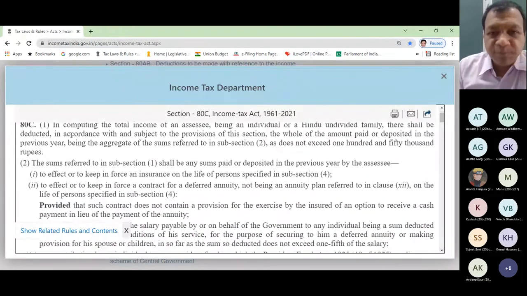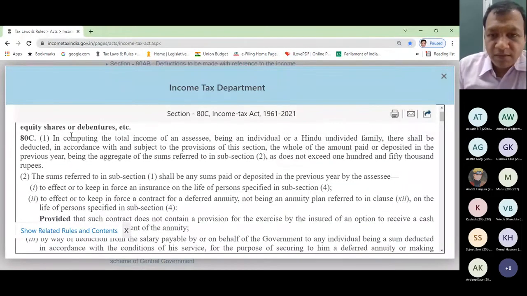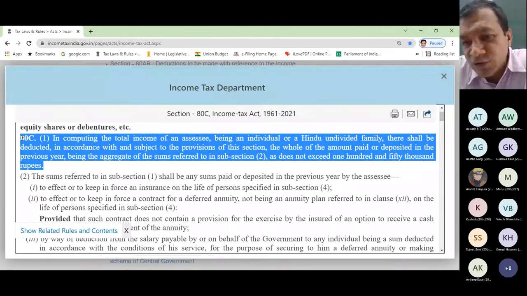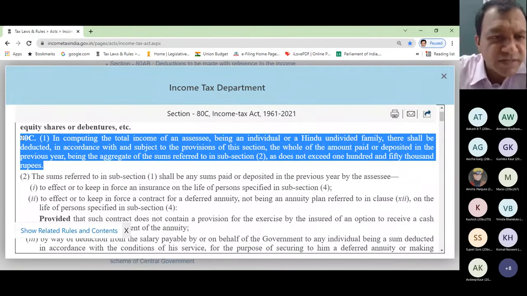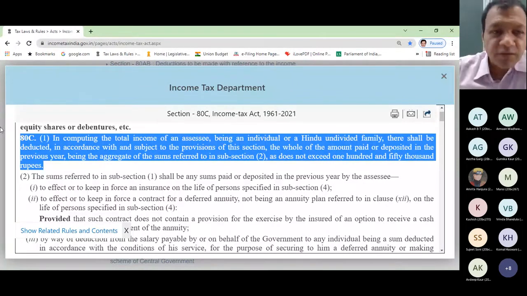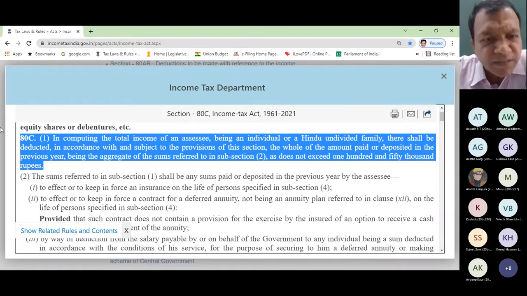Now this is 80C subsection 1. In computing the total income of an assessee, being an individual or a HUF, there shall be deducted in accordance with and subject to the provisions of this section, which section? 80C, the whole of the amount paid or deposited in the previous year, being the aggregate of the sums referred to in subsection 2, as does not exceed 1,50,000 rupees.